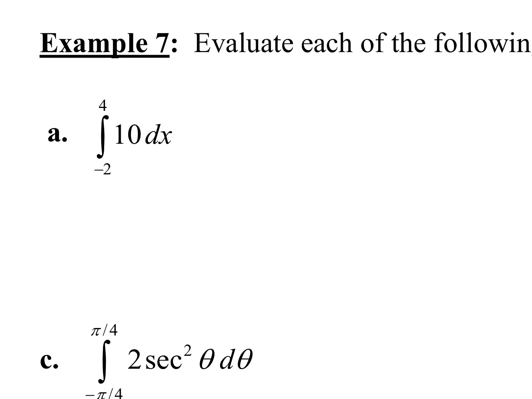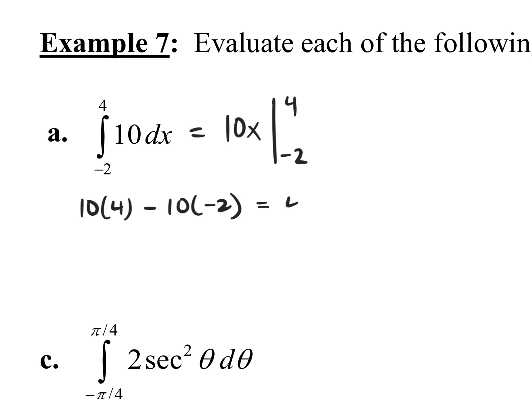So if I look at letter A, we're looking at from -2 to 4 of 10. So let's integrate 10. If I integrate 10, what do I get? 10x. I'm evaluating that at 4 and at -2. So I'm going to plug in 4, and then subtract what I get when I plug in -2. So I've got 10 times 4 minus 10 times -2.